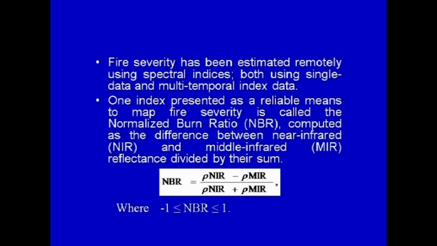Fire severity has been estimated using remotely sensed spectral indices using single date and multiple temporal index data. One index represented as a reliable means to map fire severity is called the normalized burn ratio, computed as the difference between the near infrared and the middle infrared reflectance divided by their sum, where the value of NBR would range between -1 to +1.